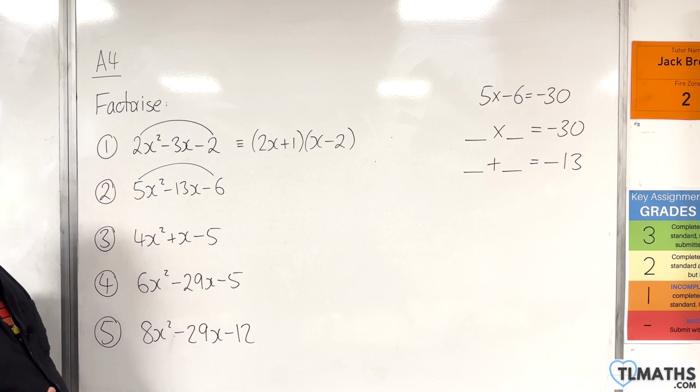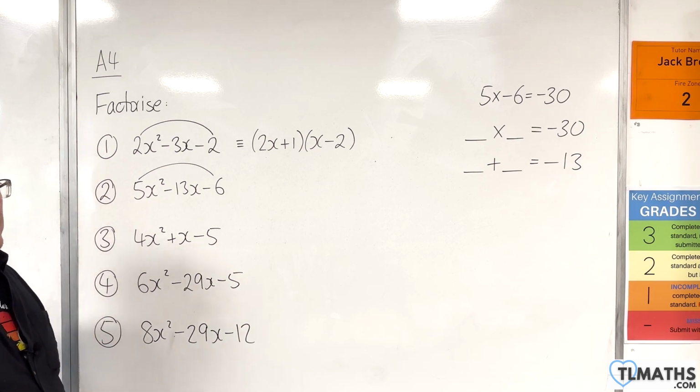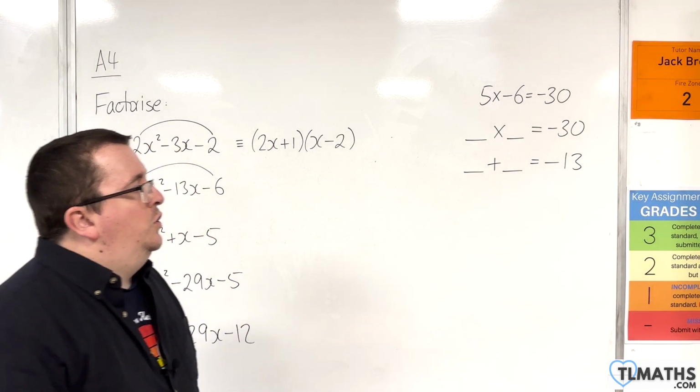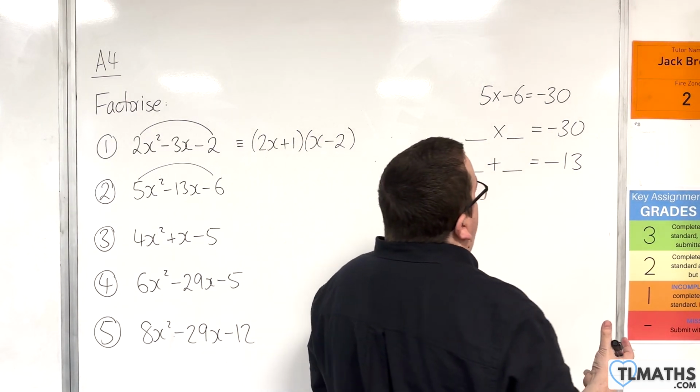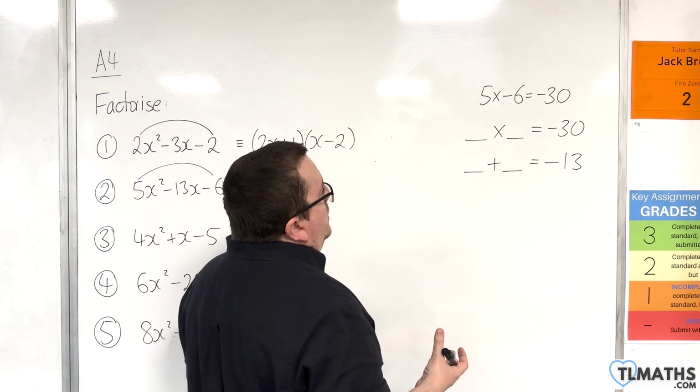So it's always good practice to check the 5 and the 6 at the start, but that's not quite going to work, is it? So 10 and 3, would that work?